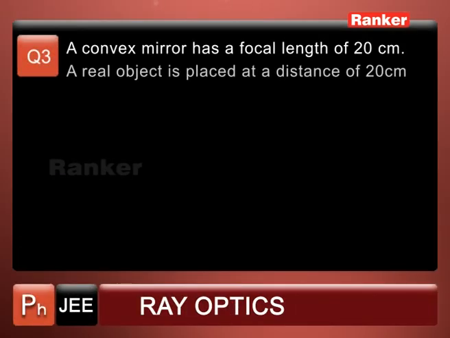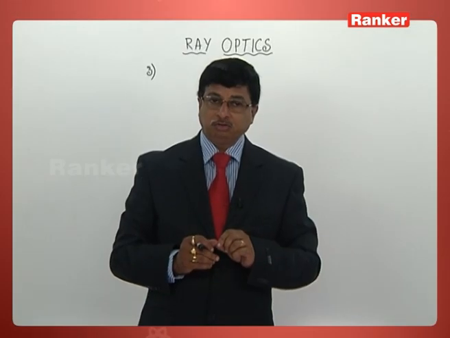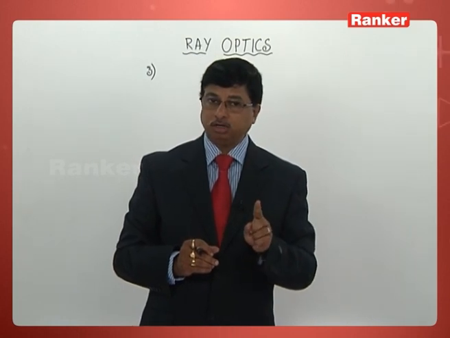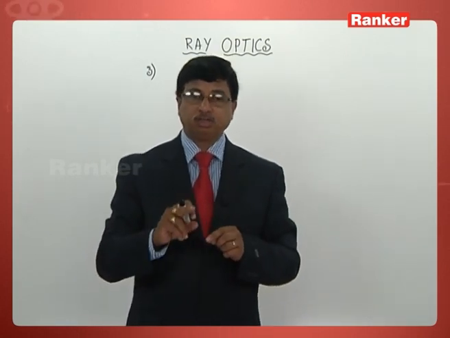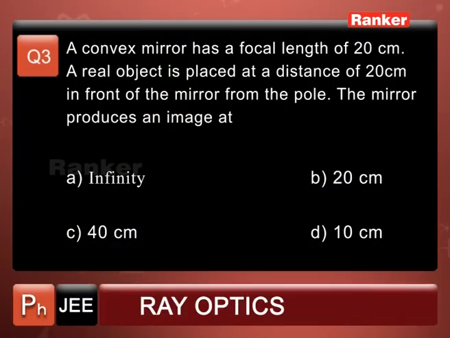A convex mirror has a focal length of 20 centimeter. Underline that wording first of all, convex mirror, it's not concave. So for concave, focal length is to be written with negative sign, and for convex it should be taken with positive sign. Fine. A real object is placed at a distance of 20 centimeter in front of the mirror from the pole.